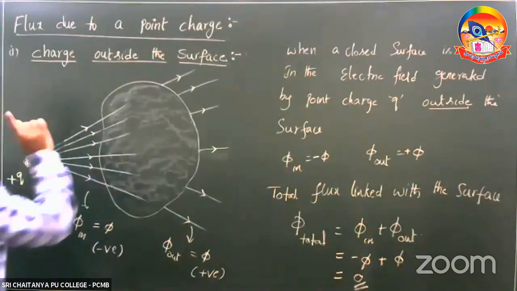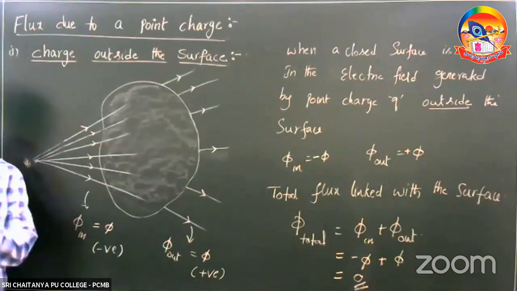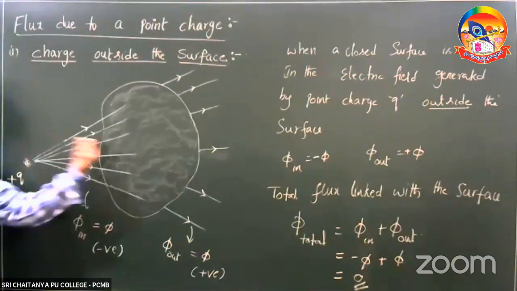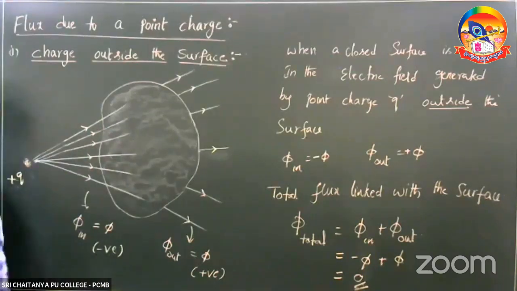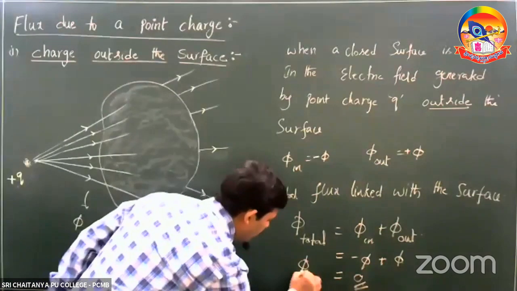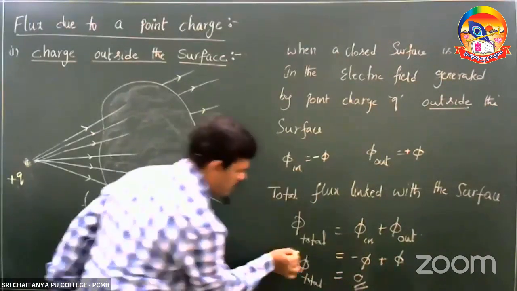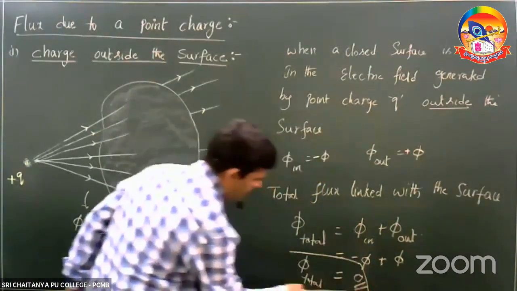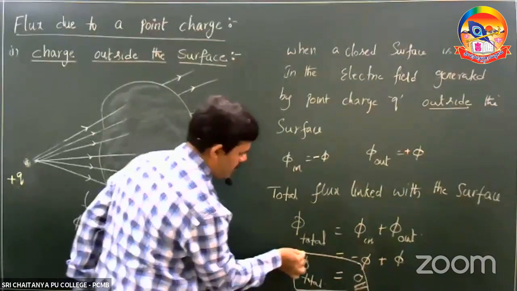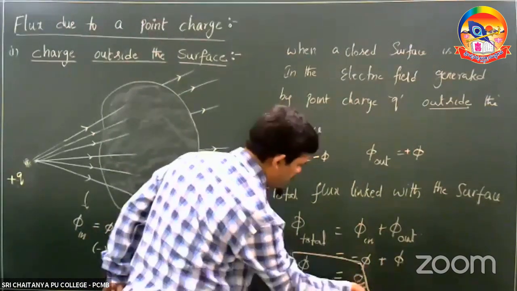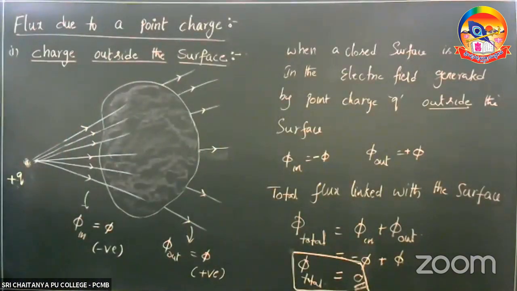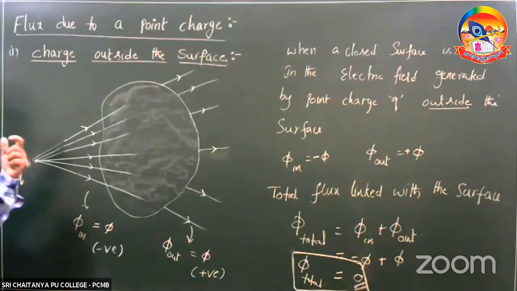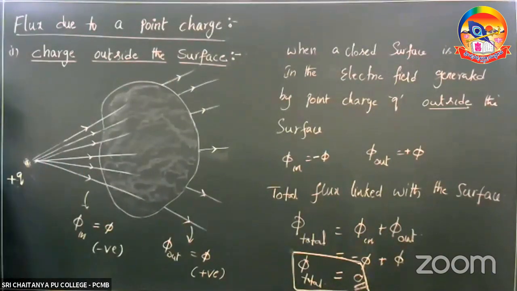So the simple thing we have to remember is, when a charge is outside of a closed surface, the flux linked with the surface due to that charge is 0. That is the note point. Remember it.